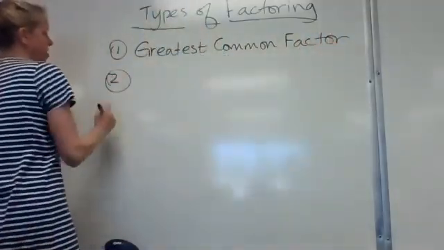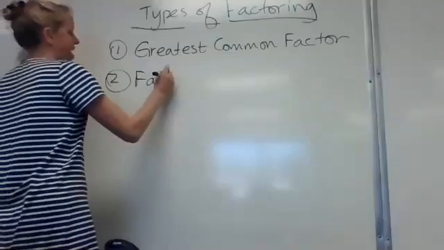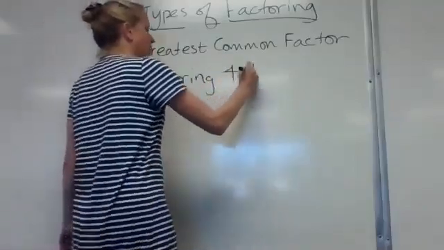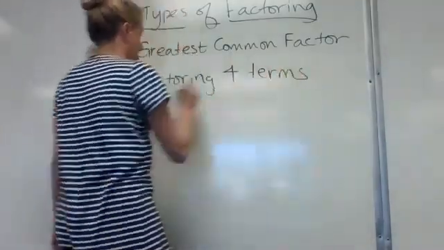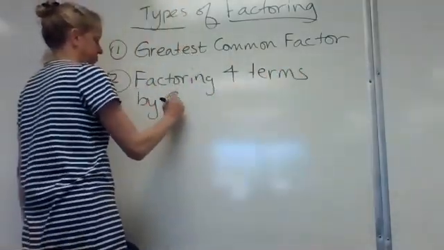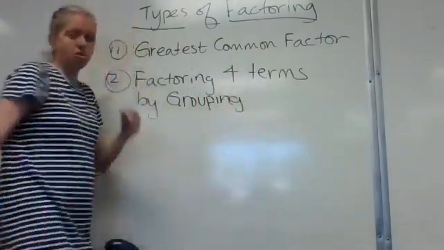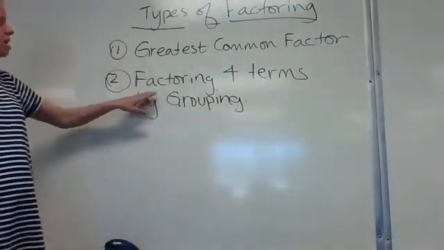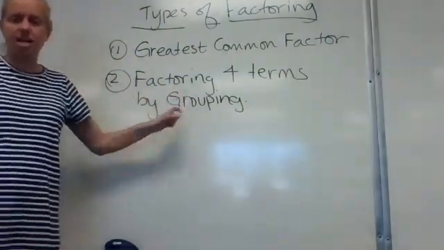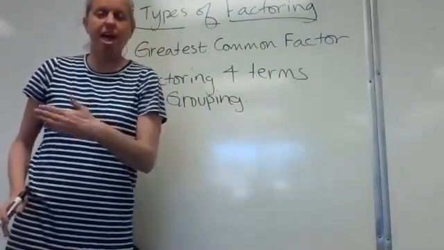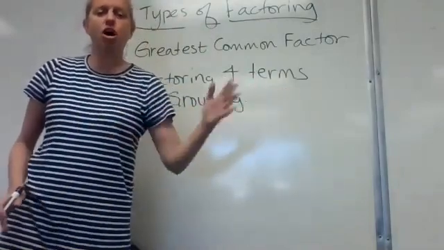The second thing that we talked about was factoring four terms by grouping. That was also in 6.1. Now this one, the clue that it was this type of factoring was that, first of all, there were 4 terms and nothing was in common with all 4 of them.